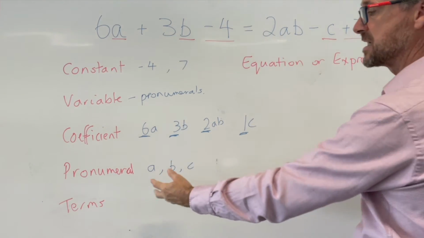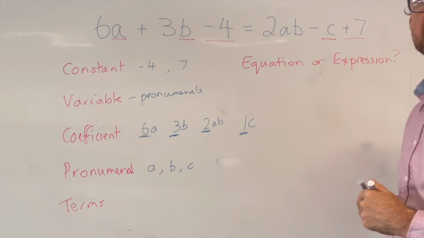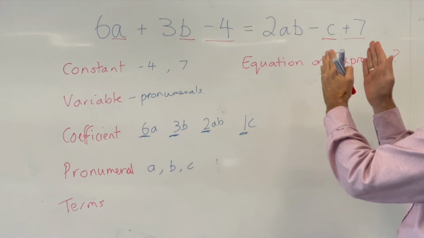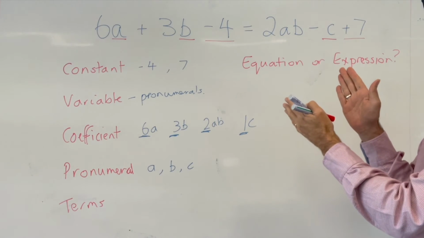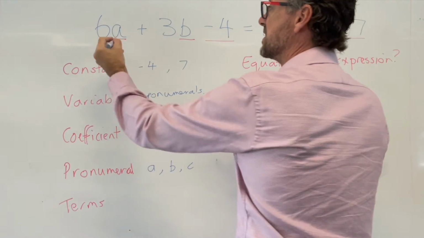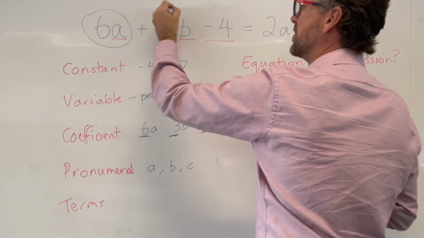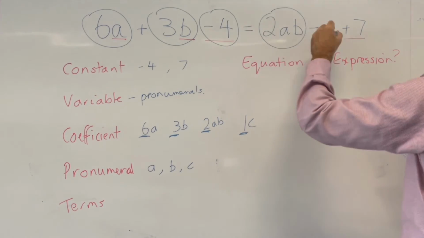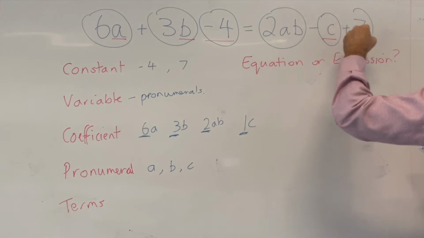Now, lastly, the terms, okay? So in this particular equation, each section that is divided by a sign is a term on its own. So for example, 6a is a term, 3b is a term, -4 is a term, 2ab is a term, c is a term, and 7 is a term.